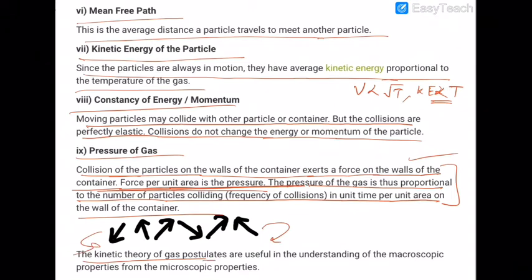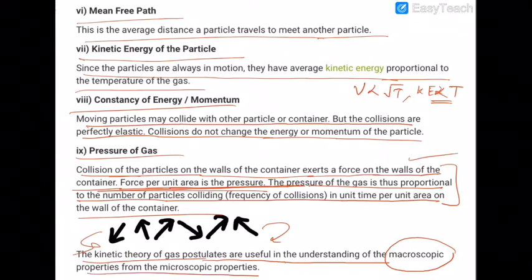The kinetic theory of gas postulates are useful in understanding the macroscopic, means measurable, properties from the microscopic properties.